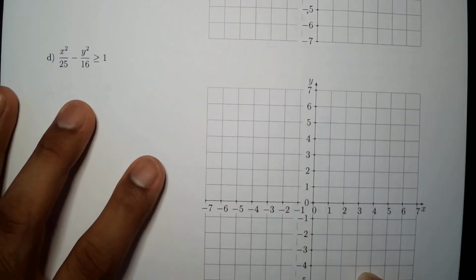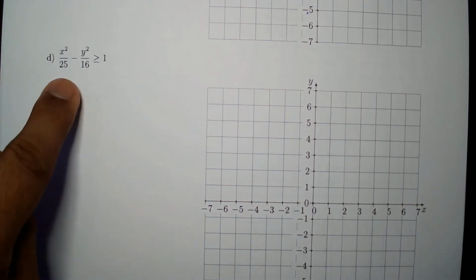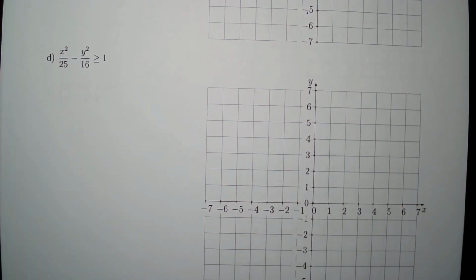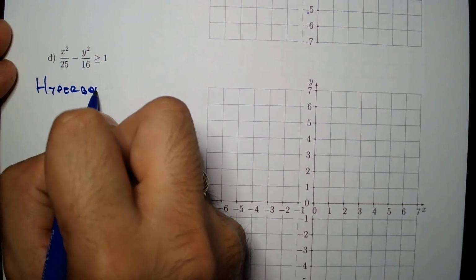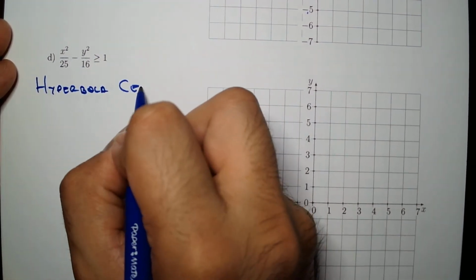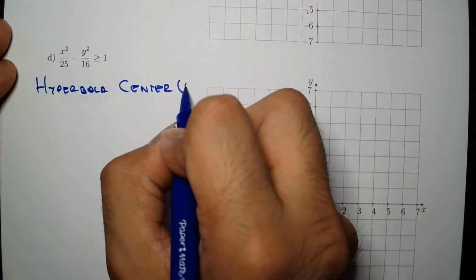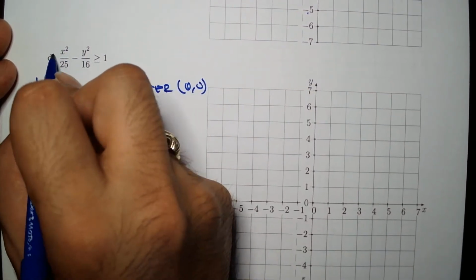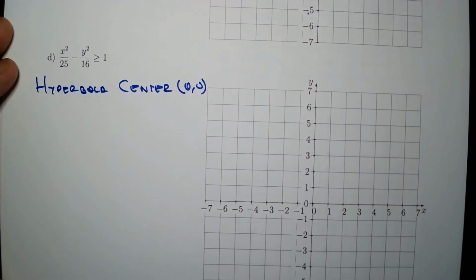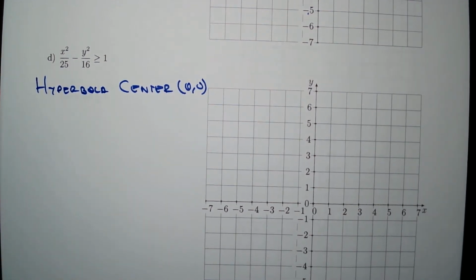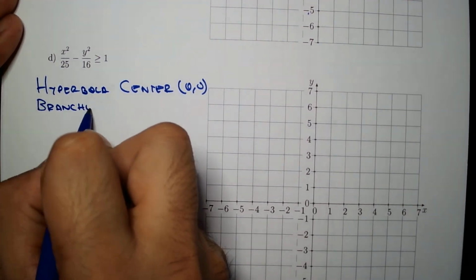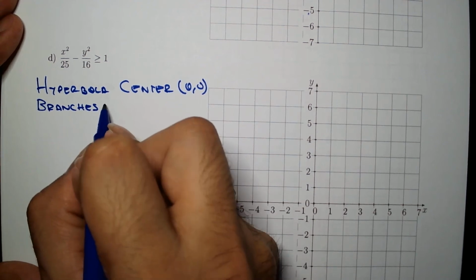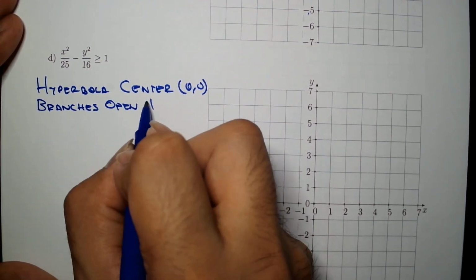Let's do another one. Let's do the case in which we are going to have a hyperbola. So we're going to have a hyperbola centered at the origin as well, because there's no shifting here at all. And well, in this case, the branches open to the sides.